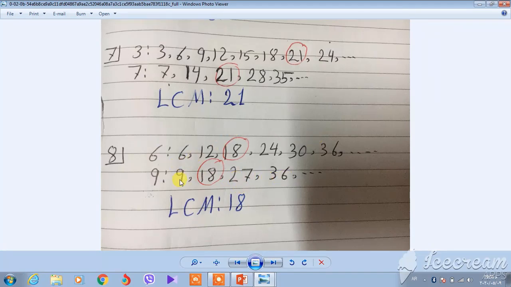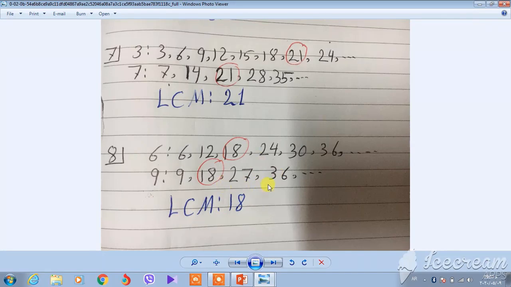But which number is least? We have 6, 9, 12, 18 and 18. Also we have 36 and 36. But is 36 the least common multiple? No, it's not least. 18 is least. So LCM, or least common multiple, is 18.